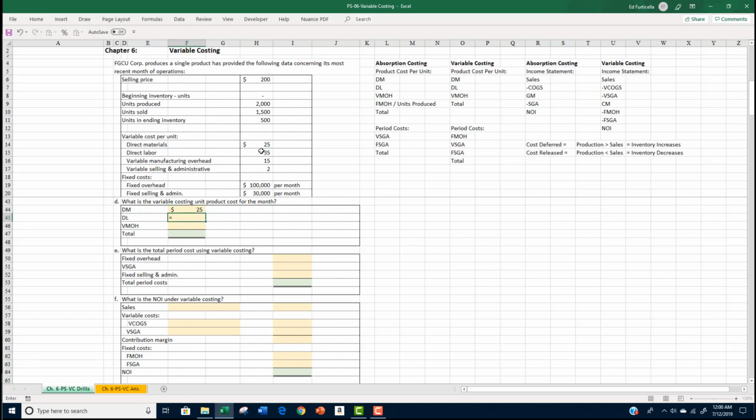Summing the three up, we get a total product cost per unit of $75. You'll notice when we're doing the product cost for variable costing, we are not including the fixed manufacturing overhead or any portion of it.